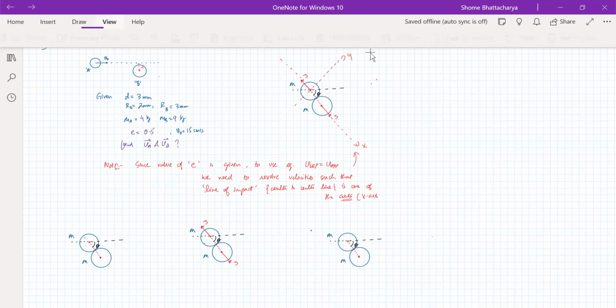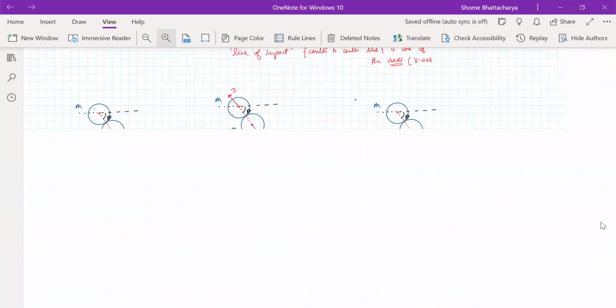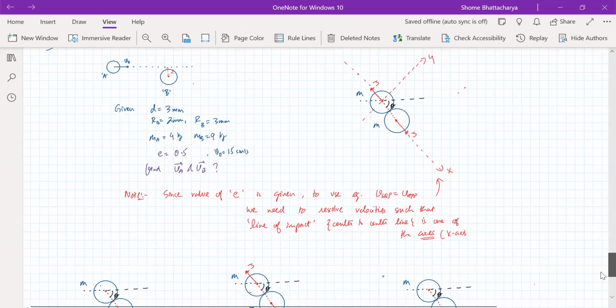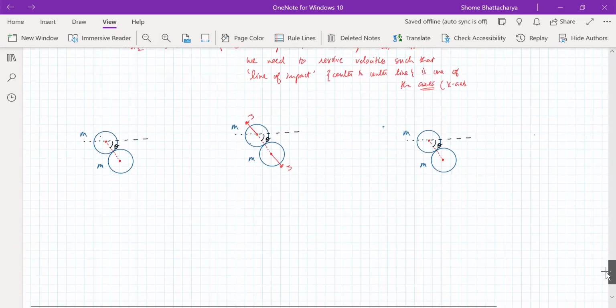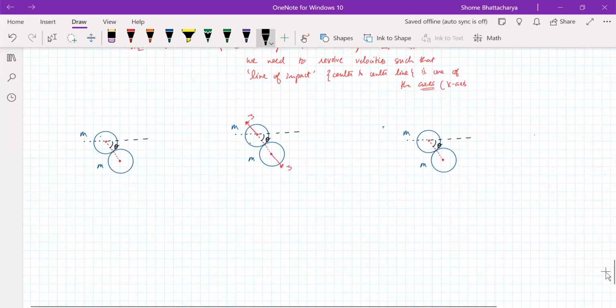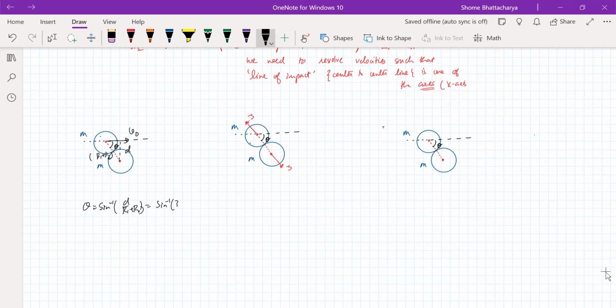Okay, so let's look at the geometry of the collision. So now we can again understand that this impact parameter being D and this being R1 plus R2, we can see that theta is sine inverse d upon r1 plus r2, that over here becomes sine inverse of 3 by 5.